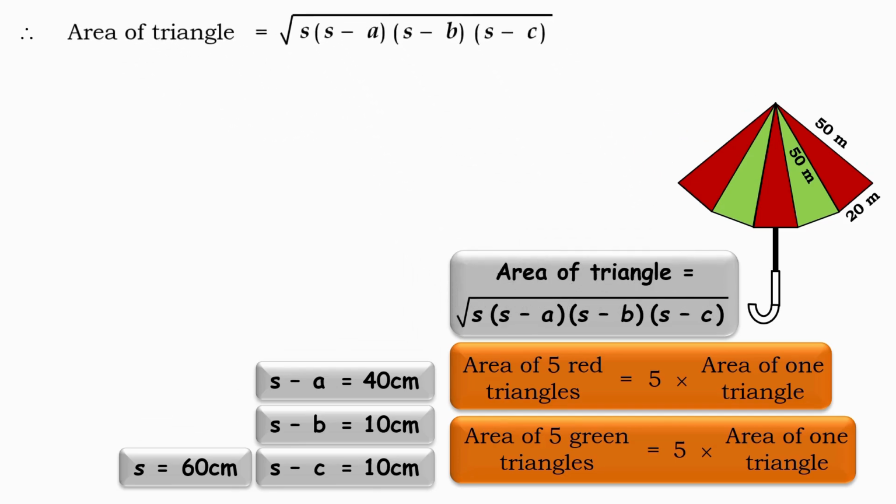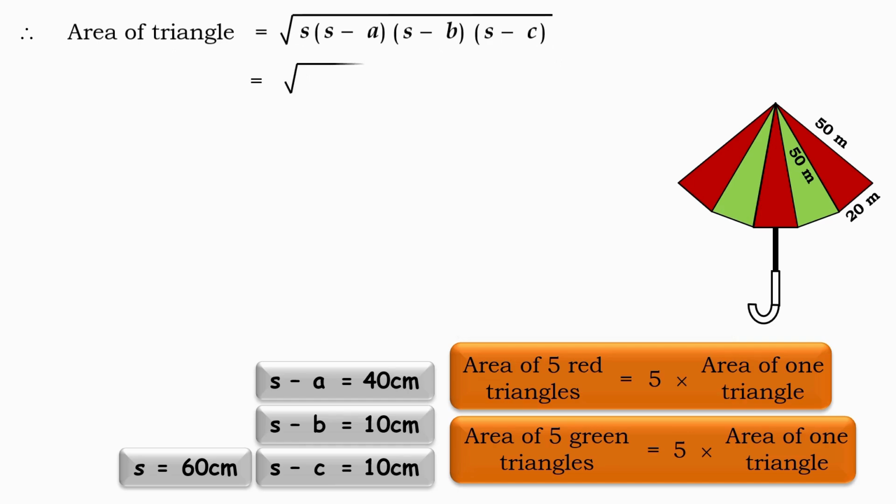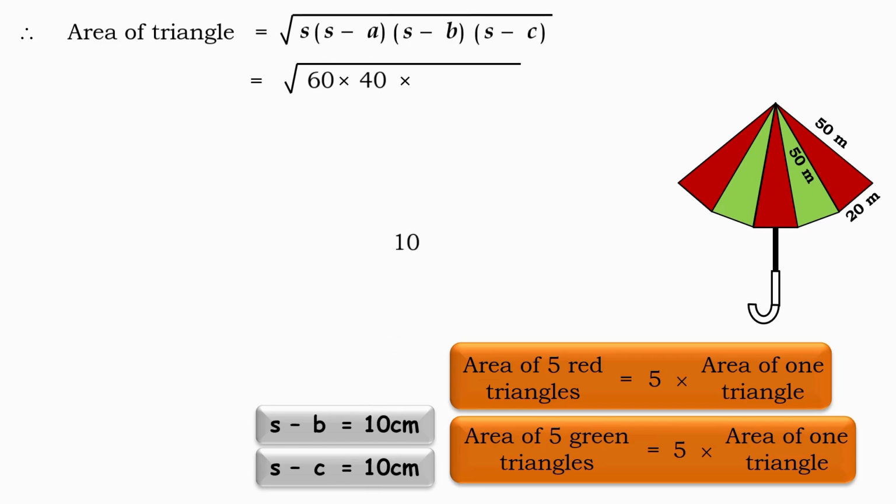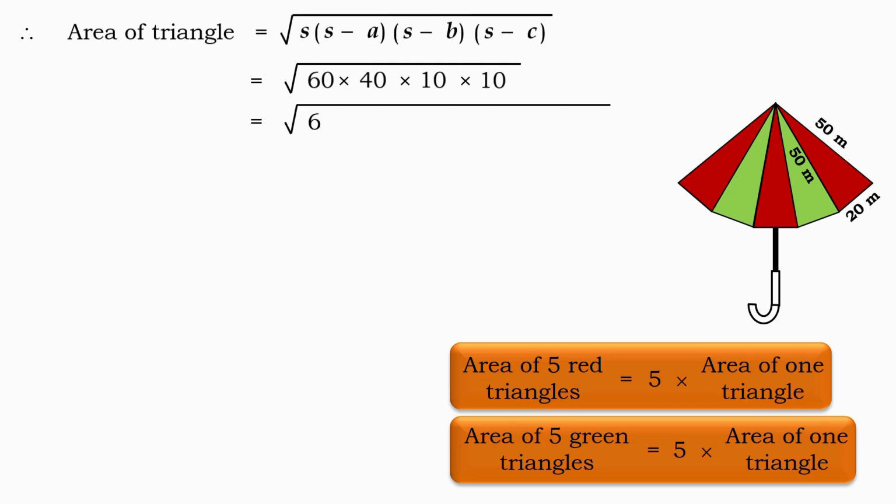So the area of the triangle will be, putting all these values together, the square root of 60 into 40 into 10 into 10. So 60 means 6 into 10, 40 is 2 into 2 into 10, and we will keep 10 as it is.